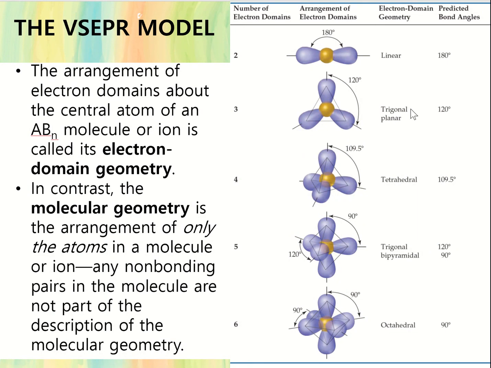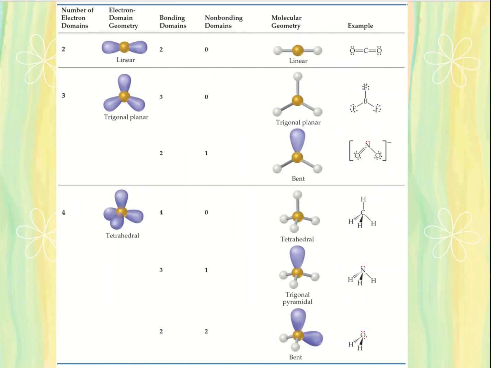Let me repeat that. We're only looking at bonds for molecular geometry. Any non-bonding pairs in the molecule are not part of the description of the molecular geometry. So that leads us now to this table, right?